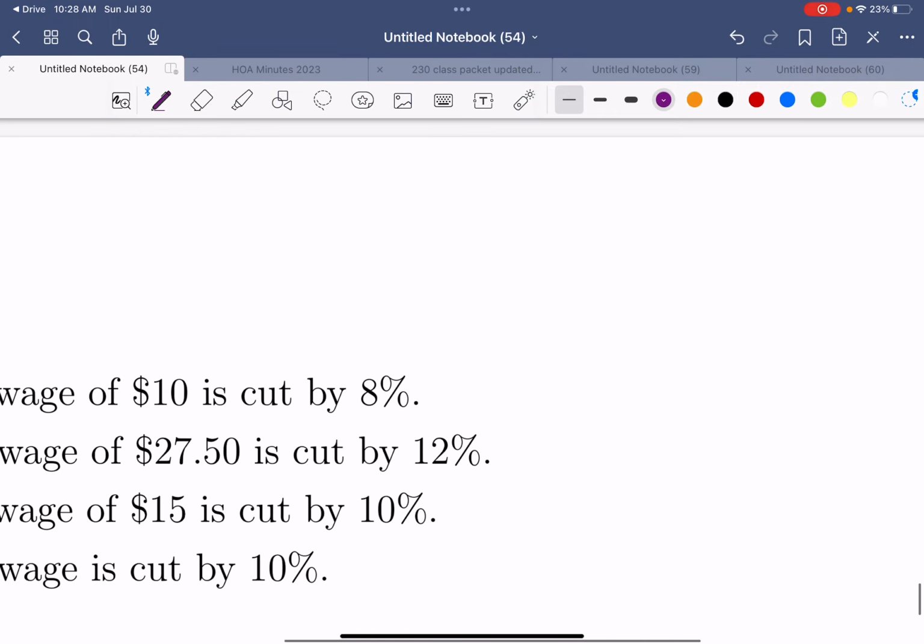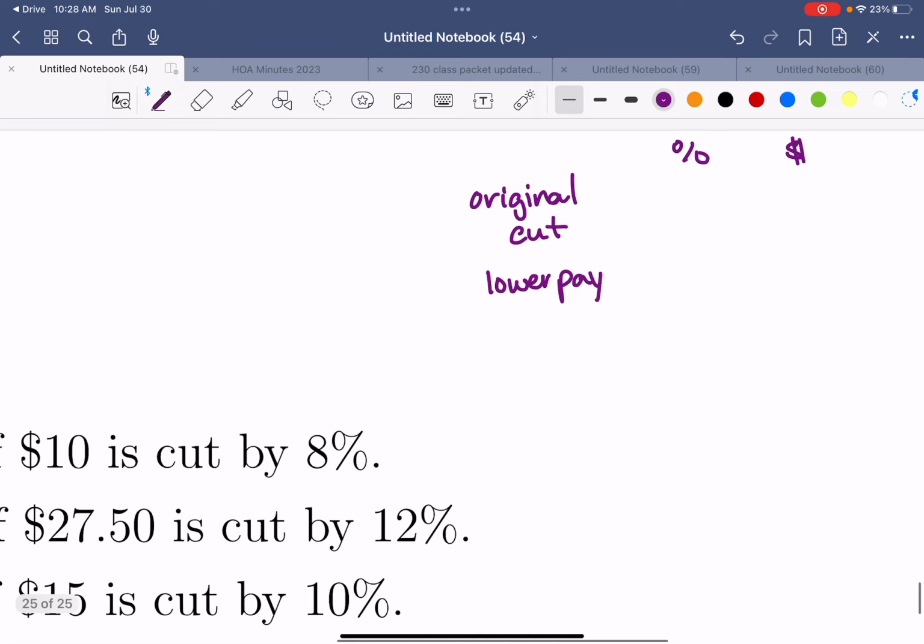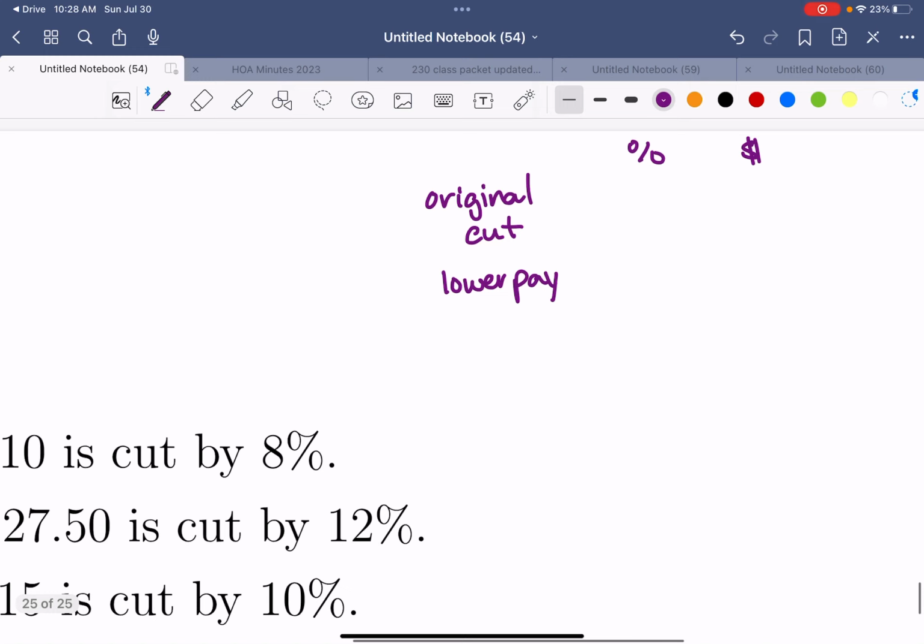So this is going to be a 2-part problem. We're going to start out with the original, the cut, and the lower pay in percent and dollars. So you are making $10 and it is being cut by 8%.